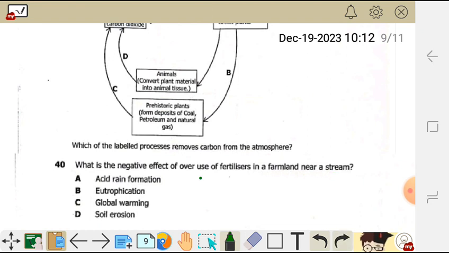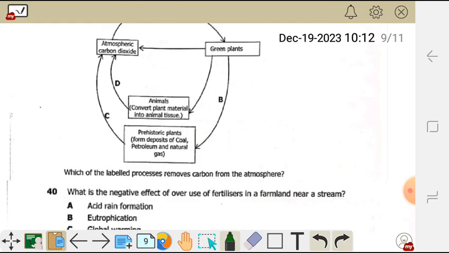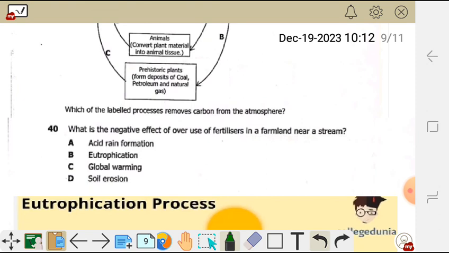So this farmer is using fertilizer in a farmland which is near the stream. So what will be the effect? A, acid rain formation. B, eutrophication. C, global warming. And D, soil erosion. So the correct answer here is B.